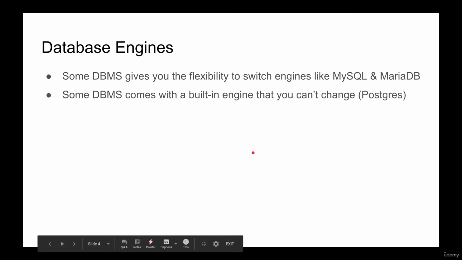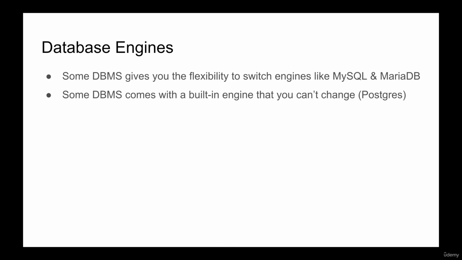Very powerful stuff. So some DBMSs give you the flexibility to switch engines, like MySQL, MariaDB, or Percona, another fork of MySQL. I couldn't find another database that allows you to switch engines except MySQL, but I might be wrong there. So correct me if I'm wrong.